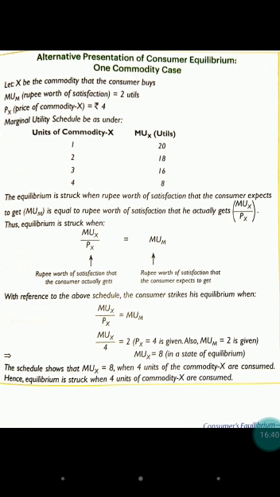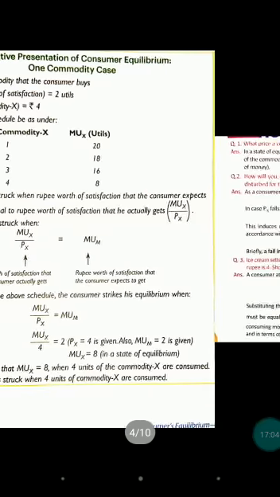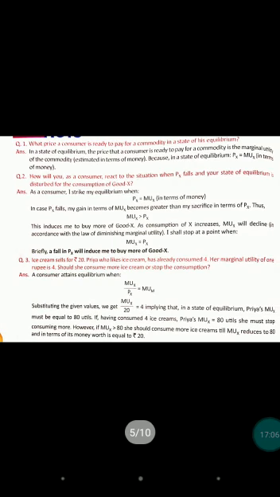So I hope we have discussed consumer equilibrium in case of one commodity, and we have discussed two equations. First equation MUX upon PX equals MUM, and second MUX equals PX. Now with the help of some examples we are going to discuss this.